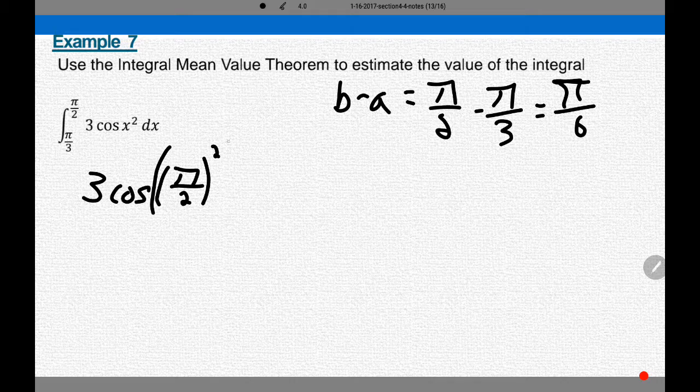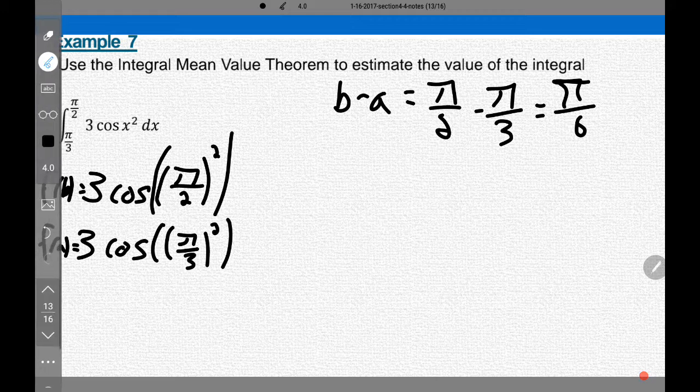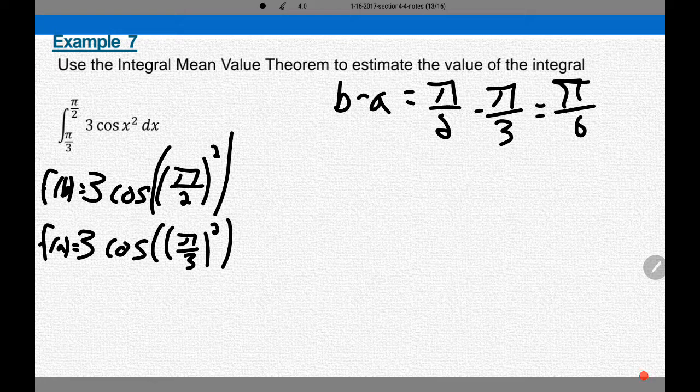Now this is the pi over 2 squared part, not cosine squared, so you got to pay attention to that. And then we got to do the pi over 3 squared. So this is f at a, the pi over 3 part. This is f at b. And that will help us find our range.